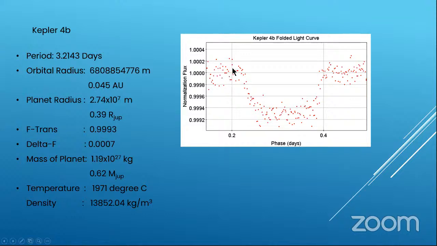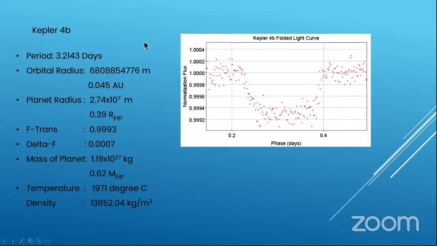It has a weird kind of curve, which is because of its radius around its star and the mass of the planet, and it is small in comparison with the other four three planets.